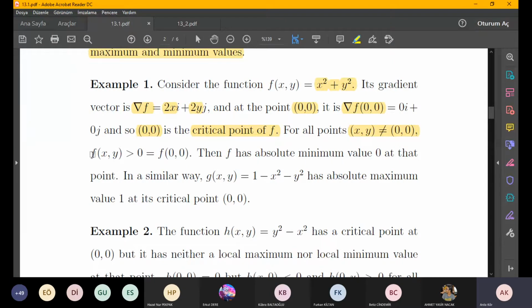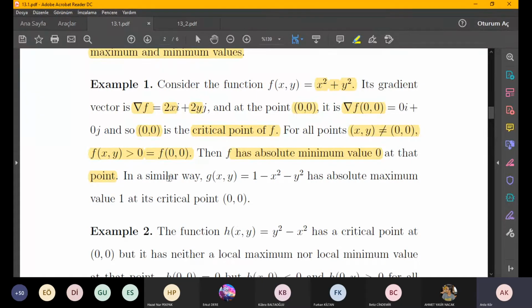Then for all non-zero points on the xy plane, f(x,y) will always be positive. So from the definition of absolute minimum value, f has the absolute minimum value 0 at (0,0), at the origin.